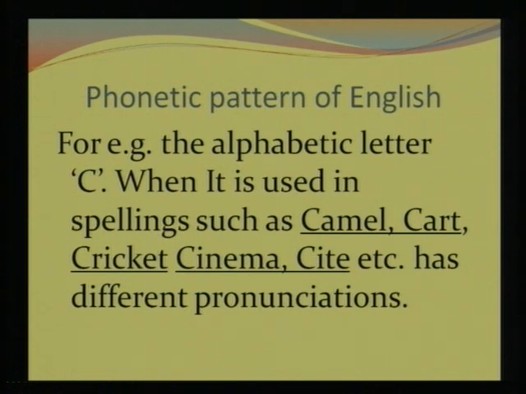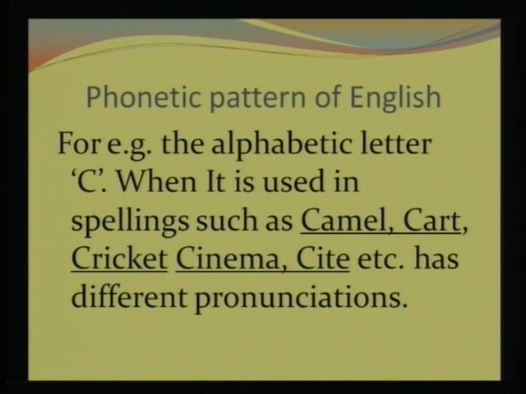One is K and another is S. It happens in many cases of English letters, they have varied pronunciations. Sometimes it is difficult for us to know which pronunciation to use, and that is why we have this type of problem. Let us observe the next slide.